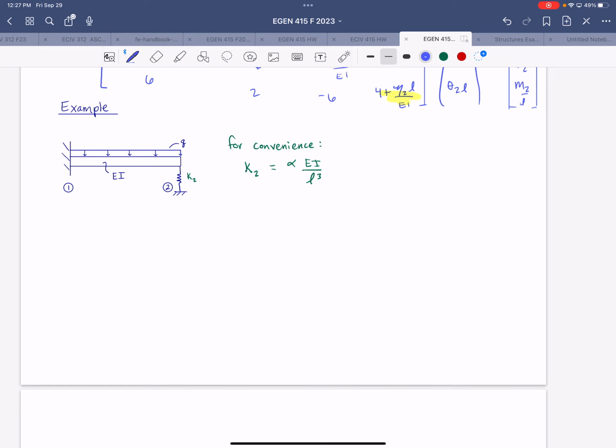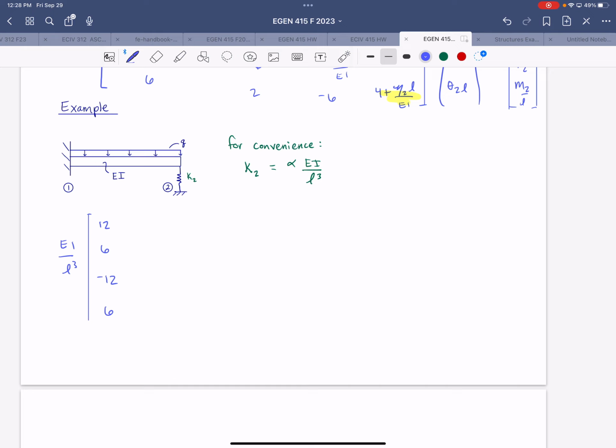All right, so we'll set up our equation. We have EI over L cubed times, oops. There we go. First column, we have 12, 6, negative 12, and 6.